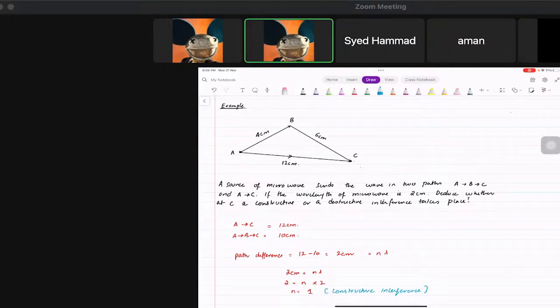Because they said the wavelength of the microwave is 2. If this had been 0.5, 1.5, anything that is a multiple of 0.5, then we would say that this is destructive interference. If it's a whole number like 0, 1, 2, 3, we say it's constructive interference. It is as simple as that. Understood?